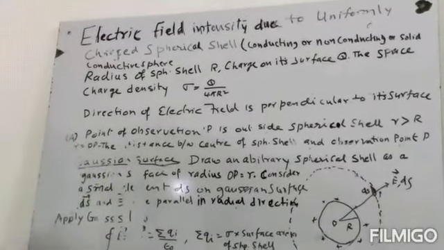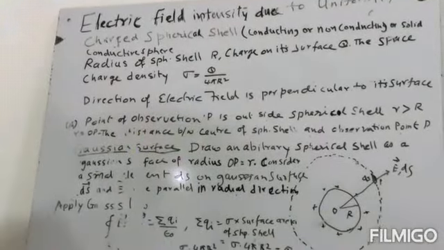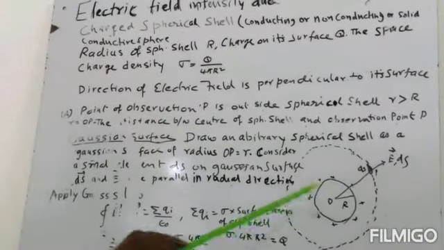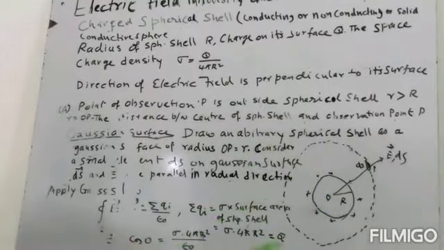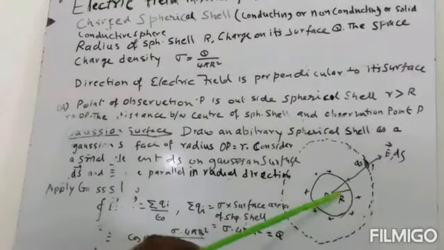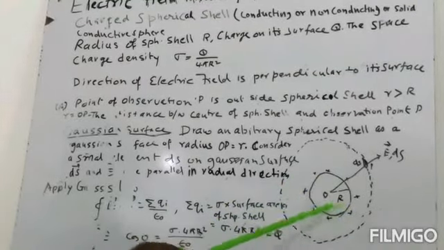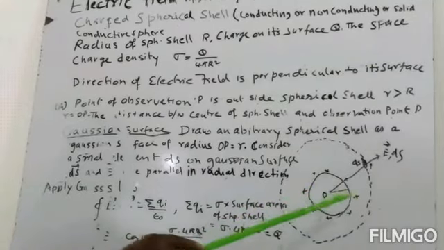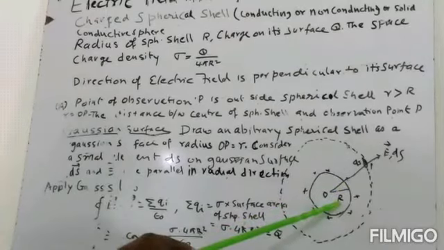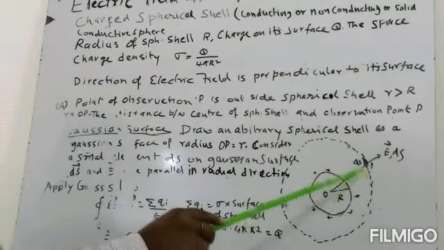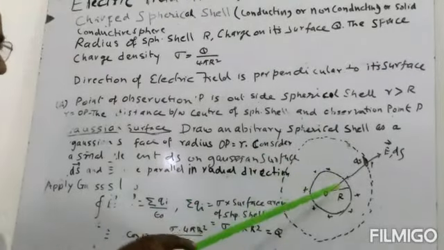Now we will find the electrical field of the spherical shell, conducting or non-conducting, or the sphere of radius R, where the charge is distributed only on the outer surface. We have to find the electrical field at a point P which is outside the surface at a distance small r.